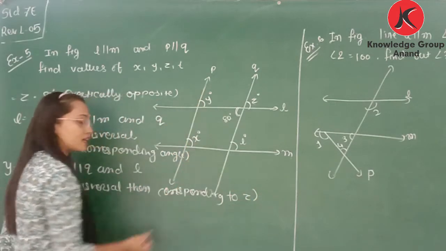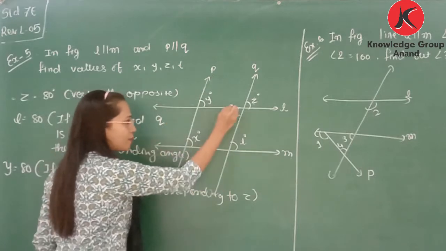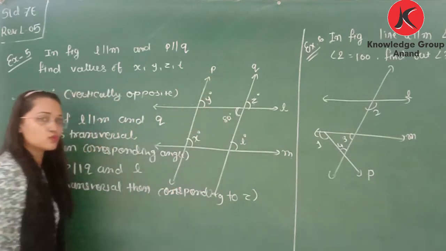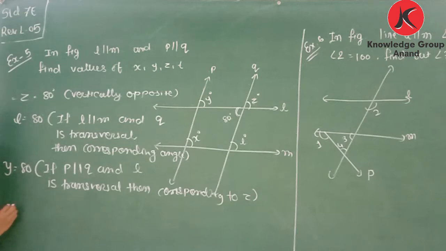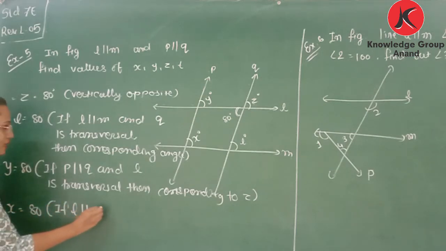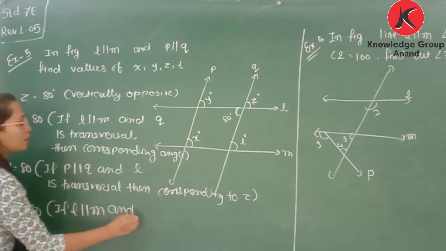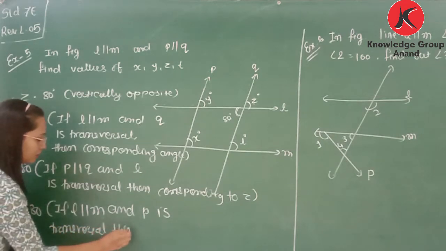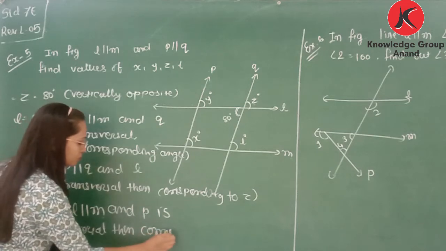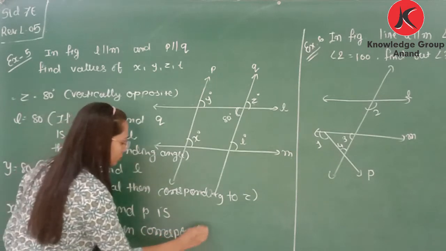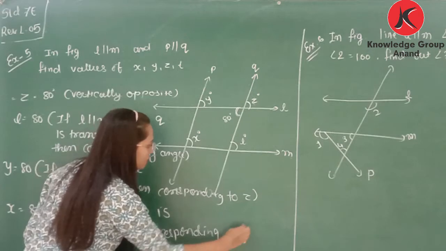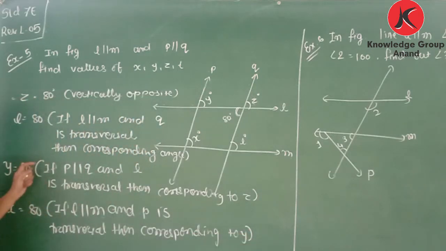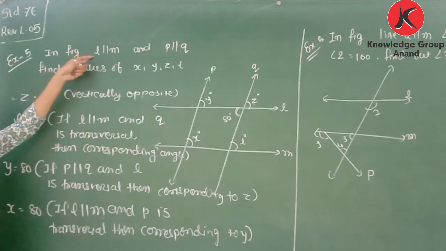Same, y and x are also corresponding angles if M and L are parallel and P is a transversal. So we can write x is also 80 degrees. Reason: if L is parallel to M and P is transversal, then it corresponds to y. So this way we find all angles if this condition is given.